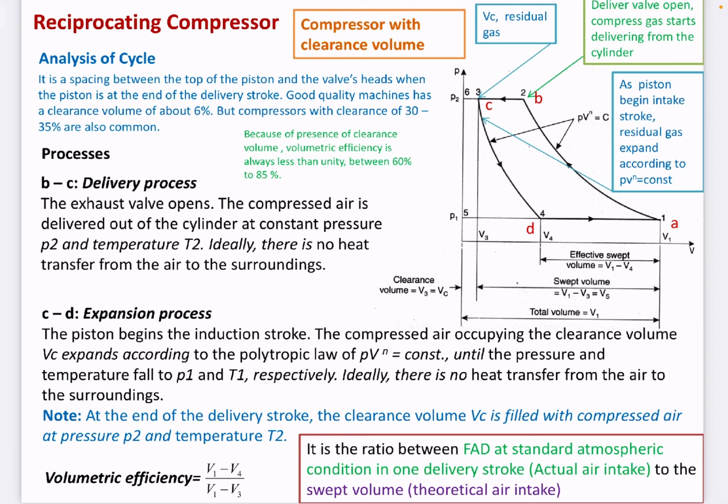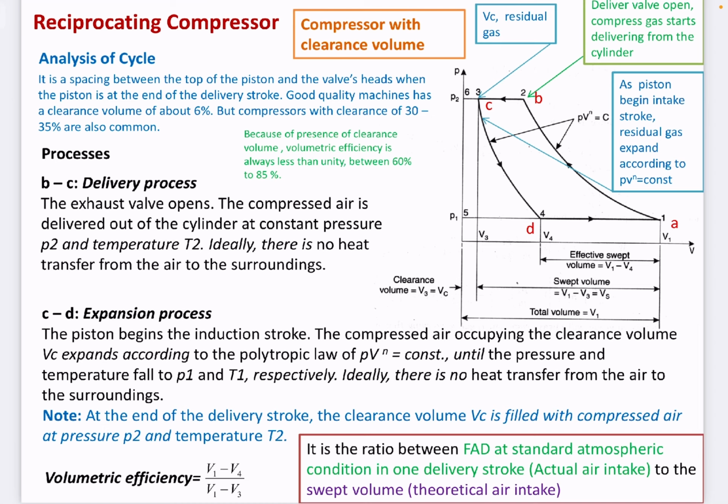So it is unavoidable to have a clearance volume, and a good machine would have a clearance volume of about 6%, right? This space between the top of the piston and the ball heads is known as the clearance space.